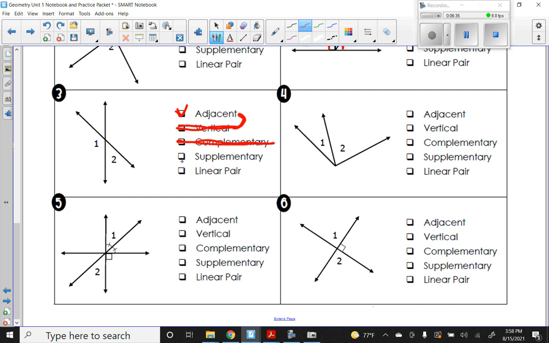Are they supplementary? Can I make a half circle out of them? I can. Look at your half circle. They are supplementary. Are they a linear pair? Absolutely. They're a linear pair because they're neighbors. Linear pairs are supplementary angles that are touching and they are on a straight line. So that one was 3 checks. Try number 4.